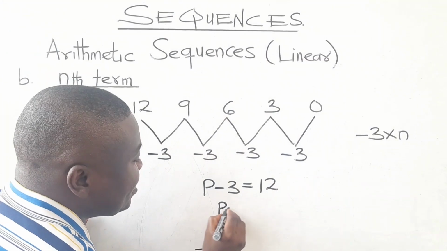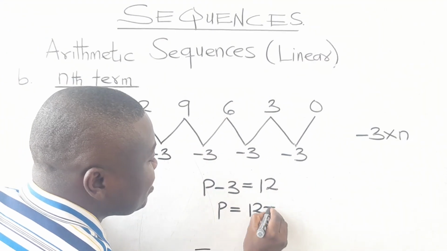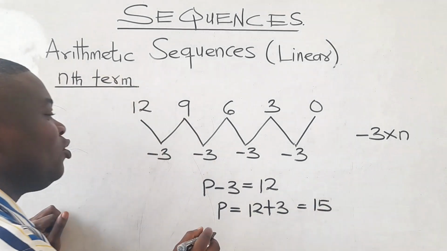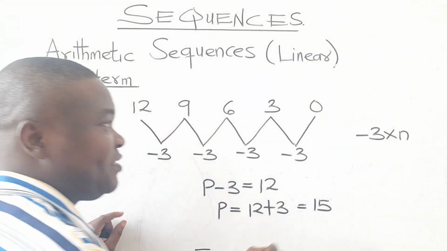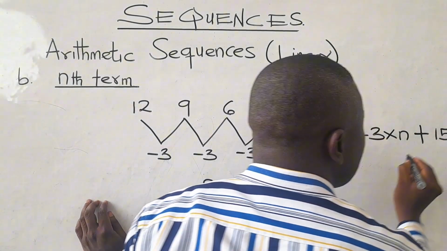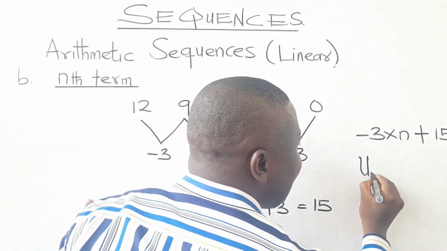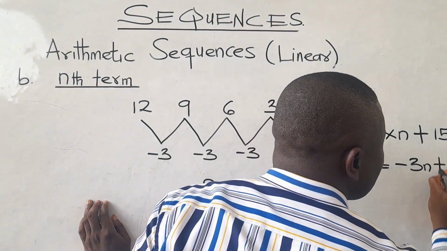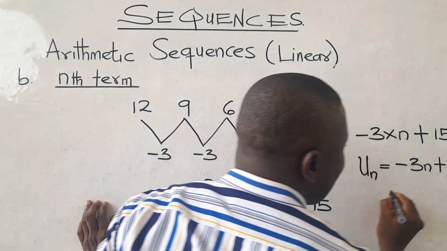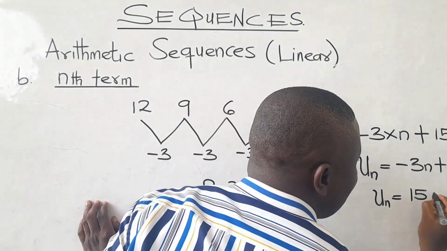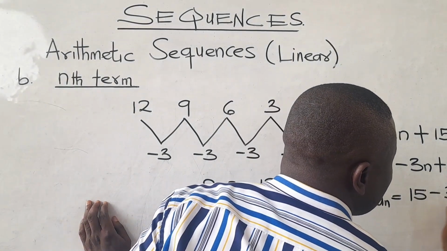So P is equal to 12 plus 3, which is 15. So the number we're looking for is positive 15. So we put plus 15 here. So the nth term is negative 3n plus 15, or you can also write it this way as 15 minus 3n.